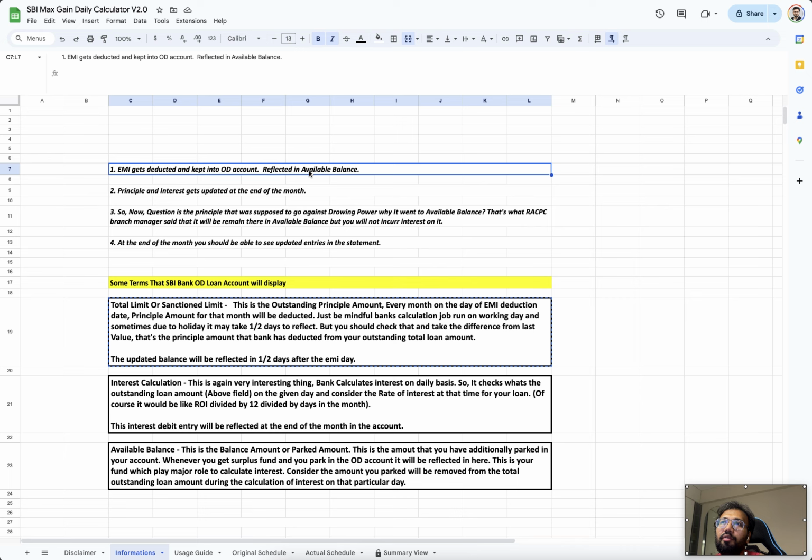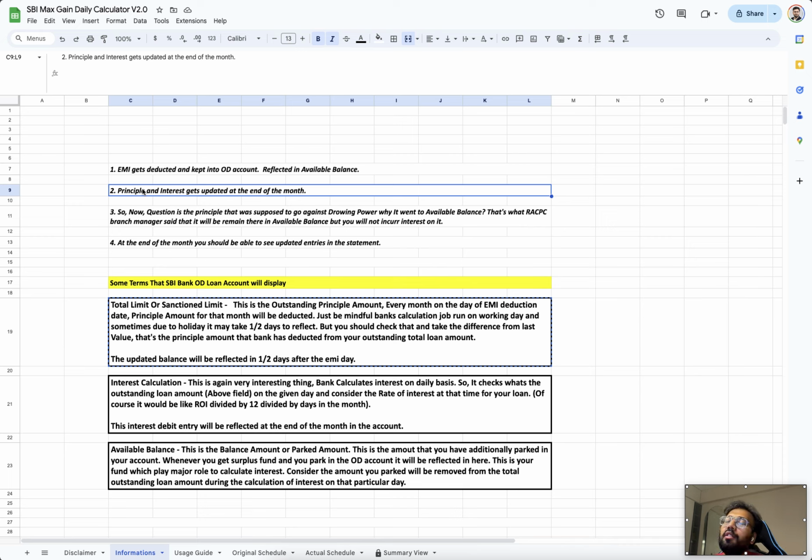The principal amount will be deducted. So the next thing is the principal and the interest component of it. The bank has its own schedule, and that is given to you as well. Especially for this Max Gain, the schedule is not accurate as per the formulas.